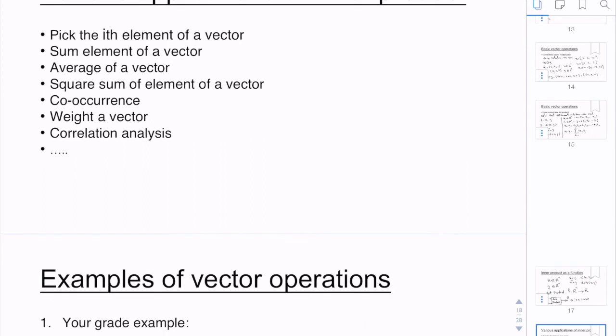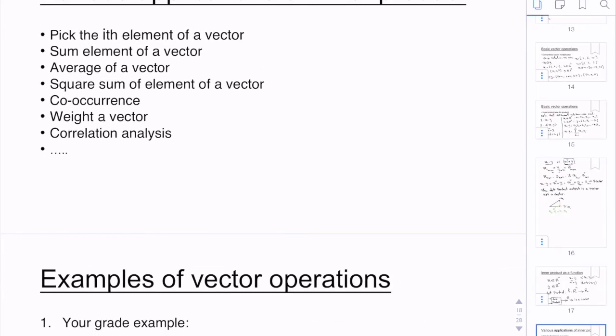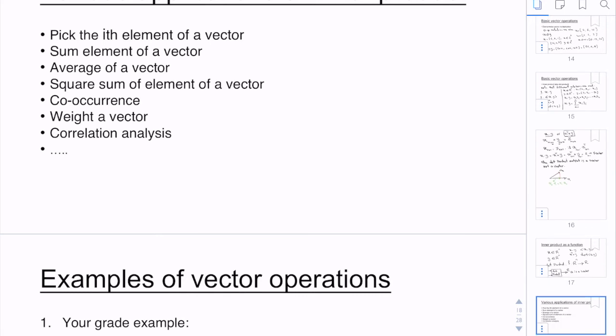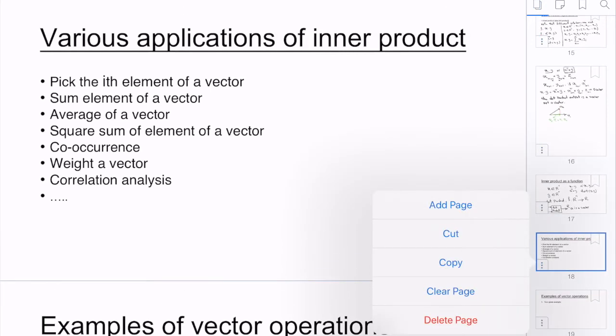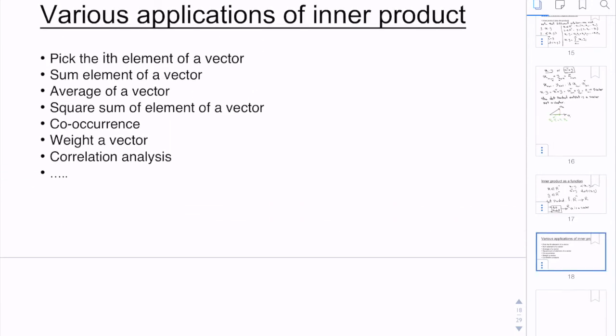Imagine that I have a vector. Let's talk about each of them briefly. We get a new page here. I wanted to talk about how to pick the ith element of a vector.